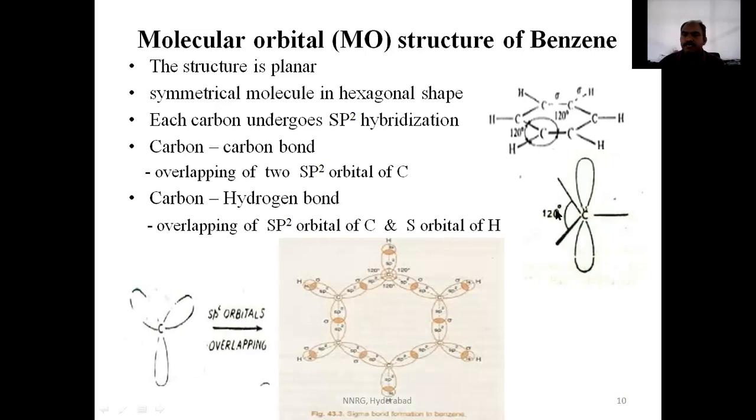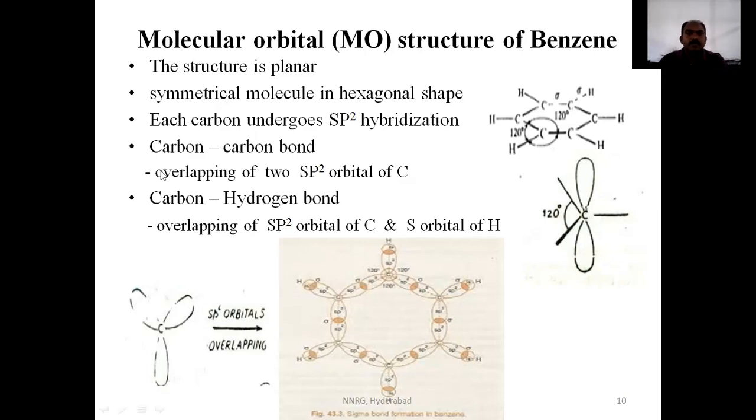So if you see here, this carbon will have sp2 hybridization. The shape of an sp2 hybridized carbon is planar trigonal, and each carbon will form three bonds with three different atoms, and it will have one unfilled p orbital, which will form a pi bond with another atom.